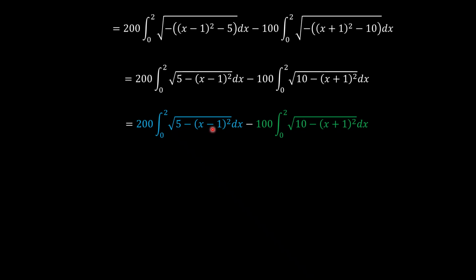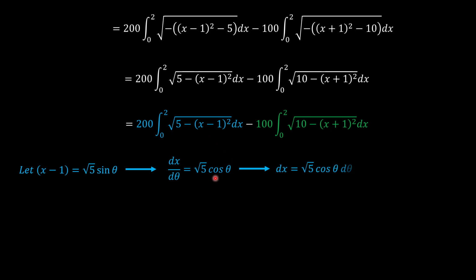I could say let x minus 1 be the square root of 5 sine theta, so that now dx d theta is the square root of 5 cosine theta, and so we can substitute dx with the square root of 5 cosine theta d theta.